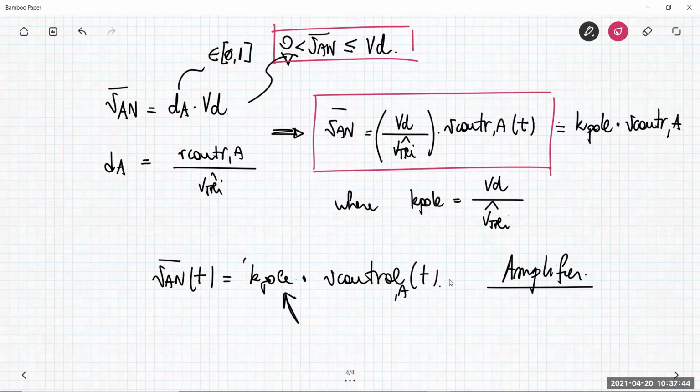Another consideration that we can make here is that I said this is a sort of amplifier, and you can have this amplifier made by modulating the control voltage.